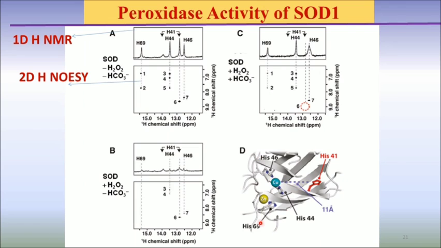This is the active site of the SOD1 protein. We have assigned histidine 44, 46. And this is the NOESY, 2D NOESY spectrum. What are the changes in the active site during the peroxidase activity? We have investigated and published.